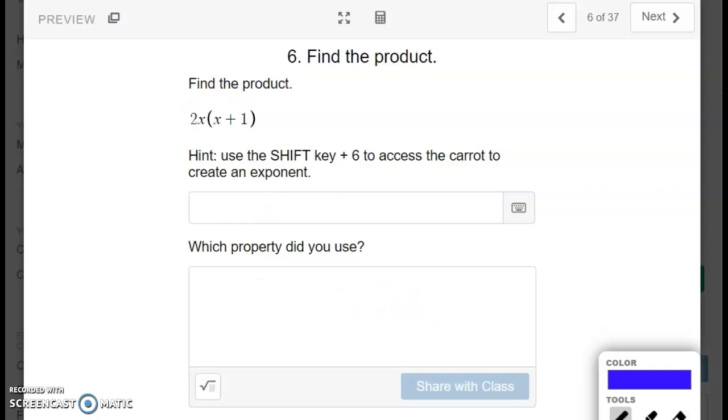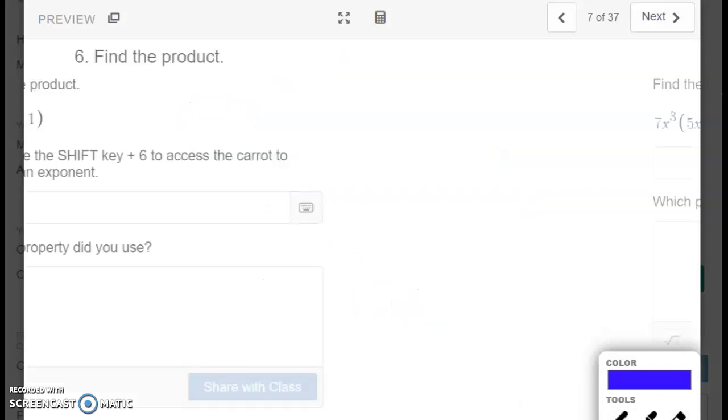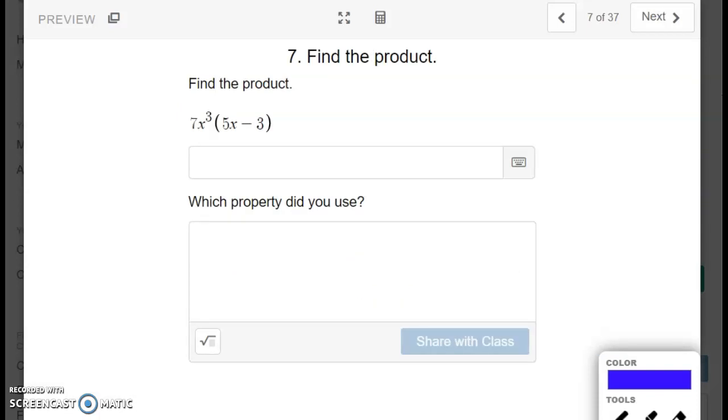All right. So then let's move on to the next card. Again, we are multiplying each of the terms inside the parentheses. So 7 times 5 is 35. X cubed multiplied by x is x to the power of 4. 7 times 3, but actually we are multiplying 7 times negative 3.